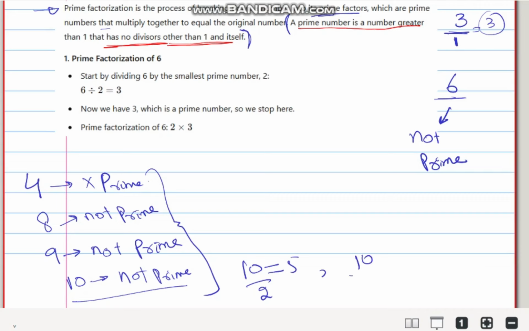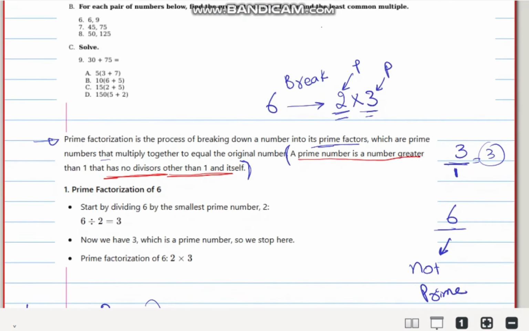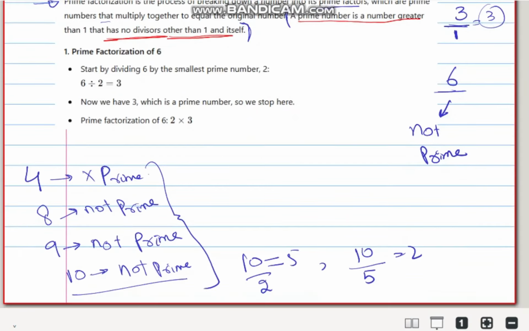Similarly, 10 can also be divided by 5, and it gives us 2. So 10 is not prime. We can easily note this.